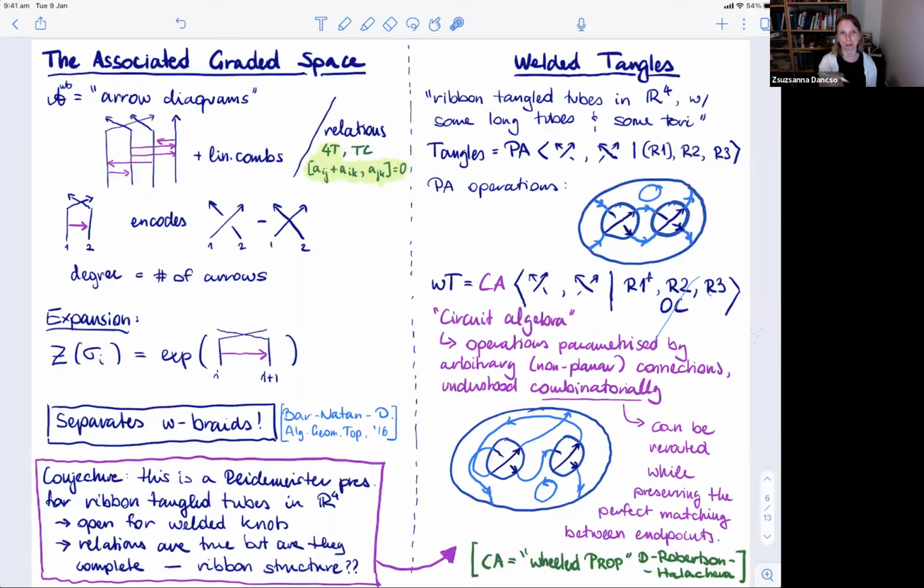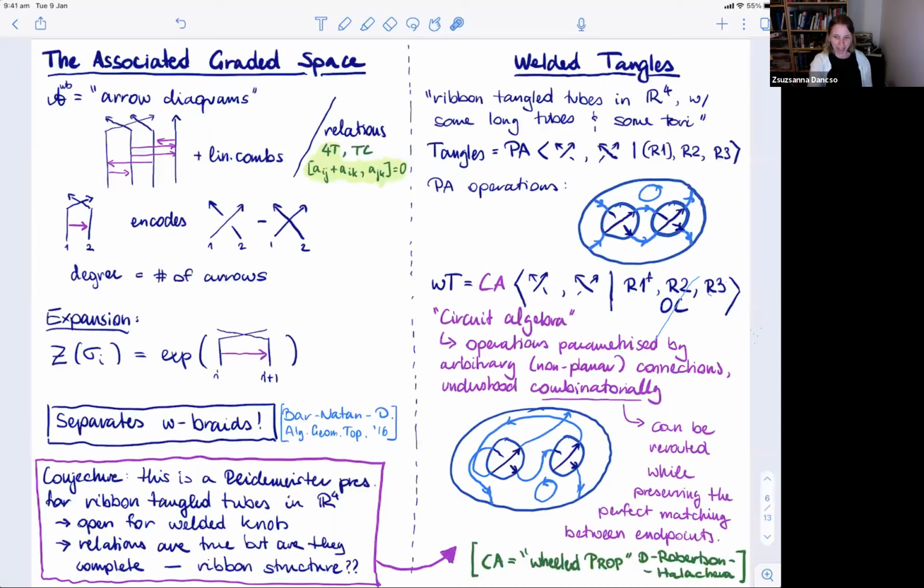So basically just a perfect matching, a combinatorial thing on the endpoints that are marked on the input and output circles. So welded tangles are a circuit algebra generated by the overcrossing and the undercrossing, while classical tangles are a planar algebra generated by the overcrossing and the undercrossing.